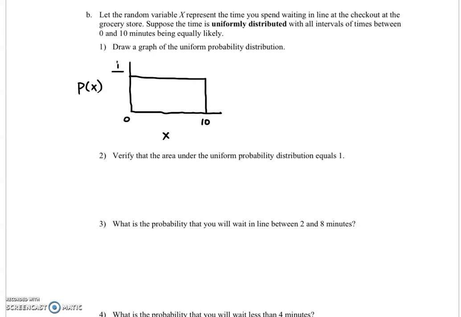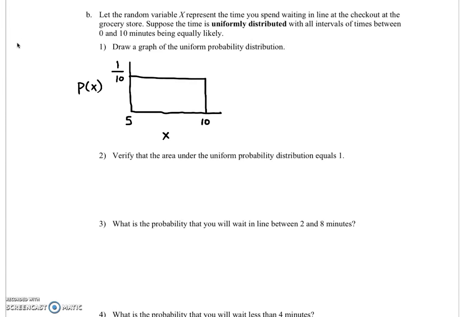So in this case, it's 10. I should say, if instead of starting at 0, we started at 5, then the height of the rectangle would be 1 over 5.